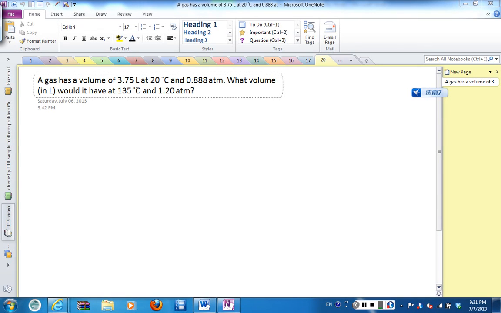So first set of conditions, we're going to label it as 1. So we know V1 is 3.75 liters. And then, of course, we also know that T1 is 20 degrees Celsius.